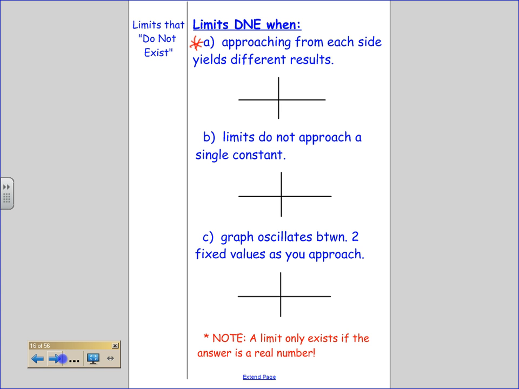So a quick example of that. Now, I'm not saying that there are no limits that exist in this function itself, but what I'm saying is the limit as I approach this discontinuity. Wait a minute, what kind of function is this? Can you tell already?